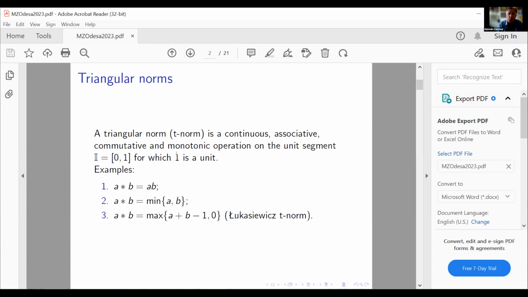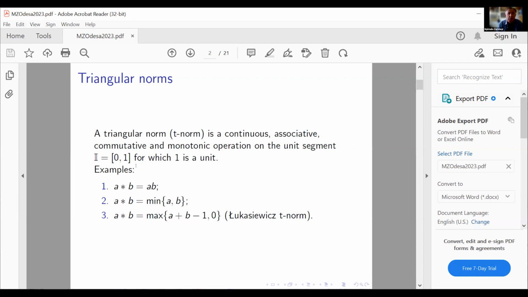And for this operation, 1 should be its unit. Well, we know what continuity, associativity, and commutativity are, and monotonicity means that a star b is less than or equal to c star d if a is less than or equal to c and b is less than or equal to d.